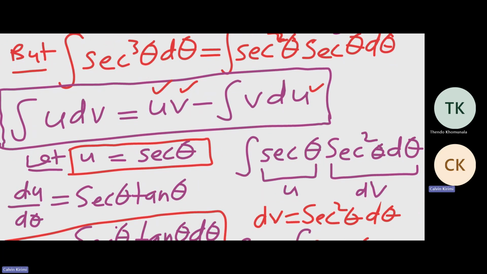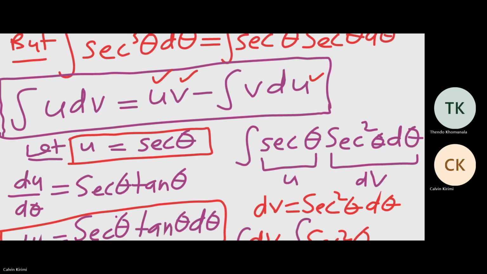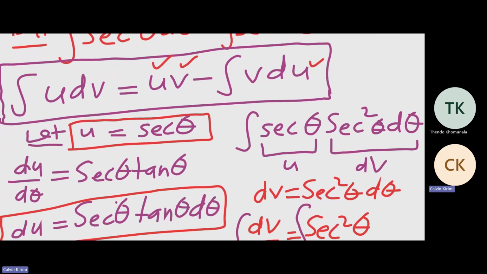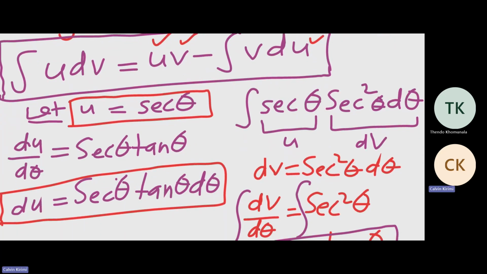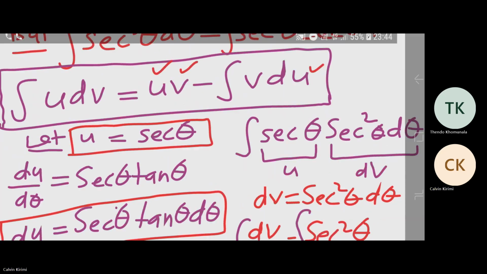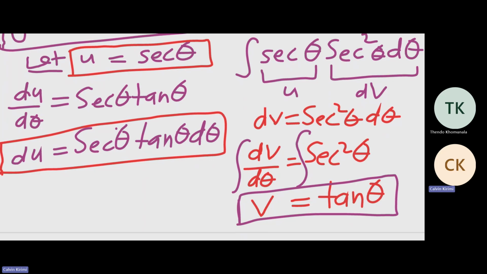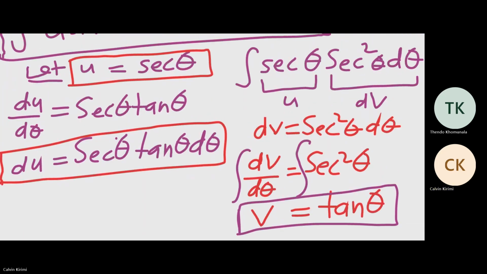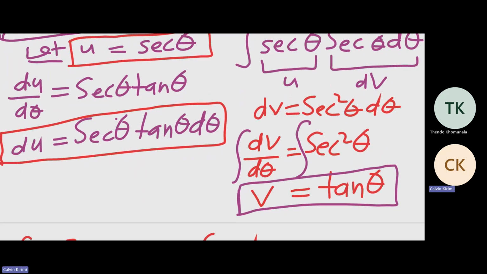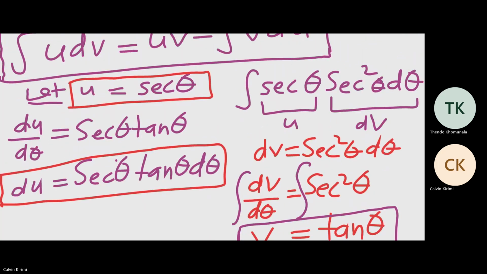What does integration by parts tell us? Integral of u dv is equal to uv minus integral of v du. So u is equal to secant theta. What about du d theta? Using your differentiation techniques, it is secant theta tan theta.